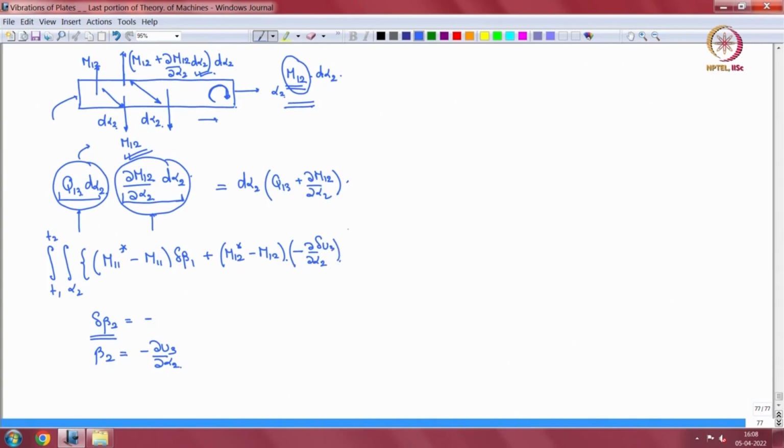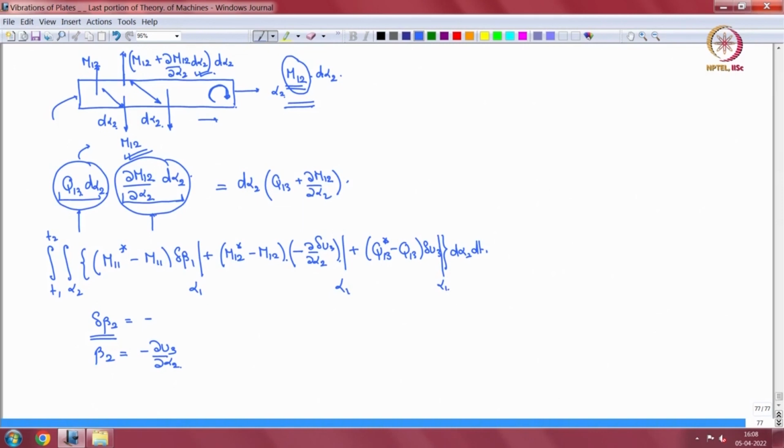Then the final term, which is Q13 star minus Q13, delta U3, d alpha 2 dt. Now this is already at the ends of alpha 1 boundary.